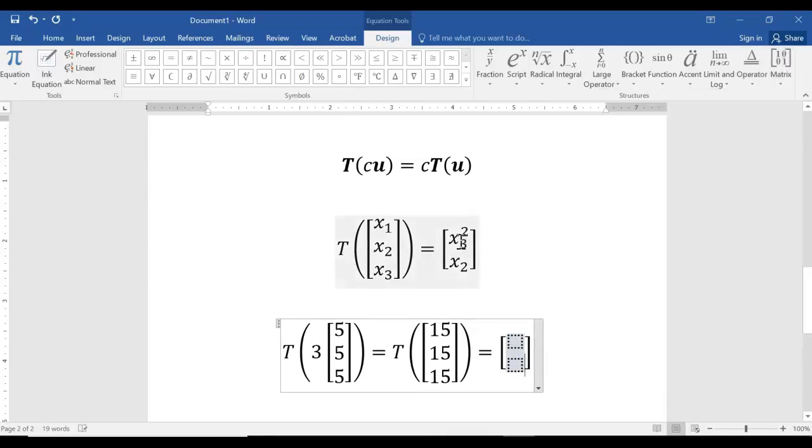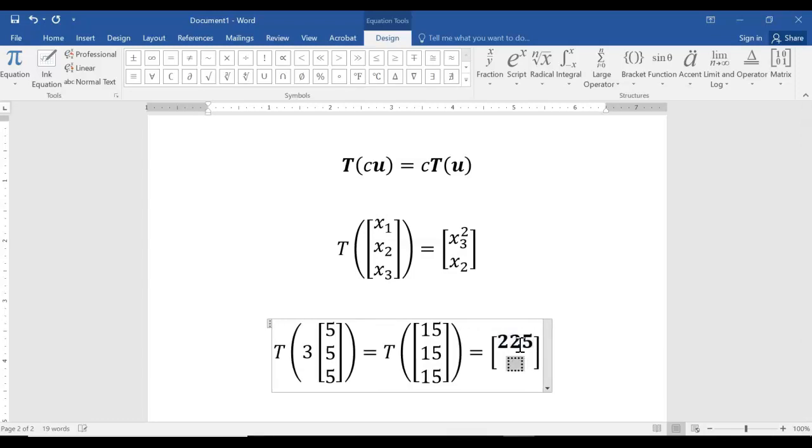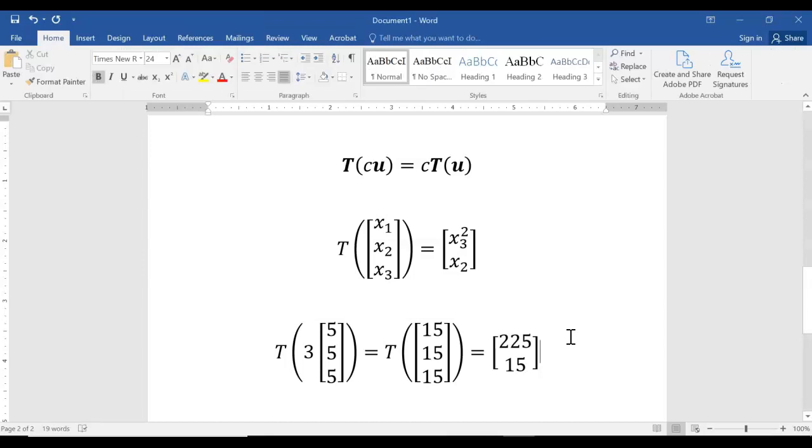This is kind of easy because my third entry is going to be squared. So if I square that third entry, I get 225. If I just take the second entry by itself, I'm ending up with 15. All right. So if you put 5, 5, 5 in as your vector, and you put 3 in as your scalar, and you multiply your scalar times your vector before the transformation, you get this.